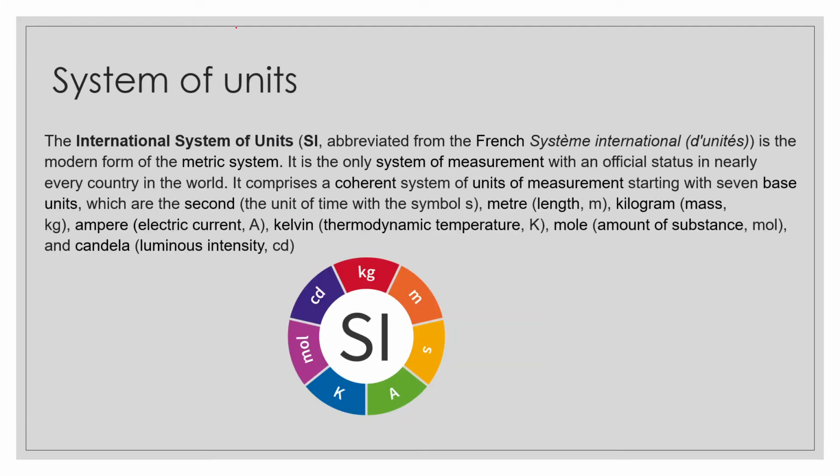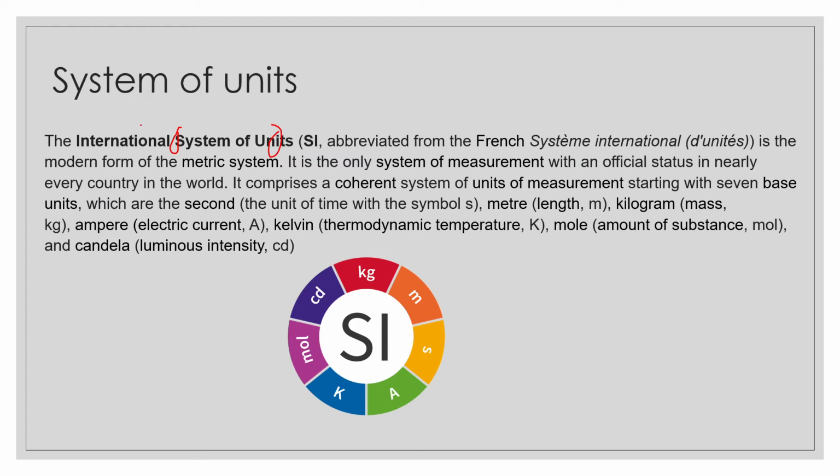The system of units. The International System of Units, called SI, is abbreviated from the French Système International d'Unités. It is the modern form of the metric system. It is the only system of measurement with an official status in nearly every country.